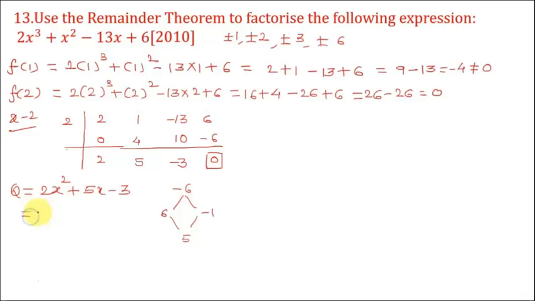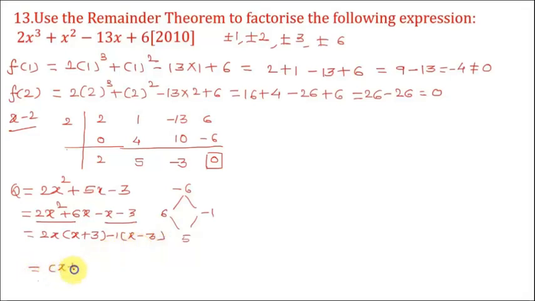And hence here 2x square plus 6x minus x minus 3. Take 2x as common, therefore in bracket x plus 3. From these two, take minus 1 as common, x plus 3.